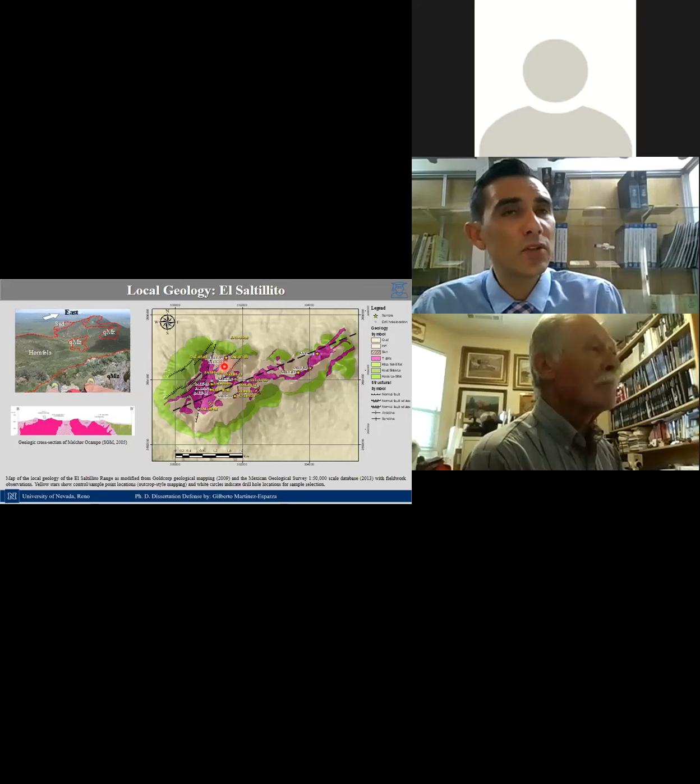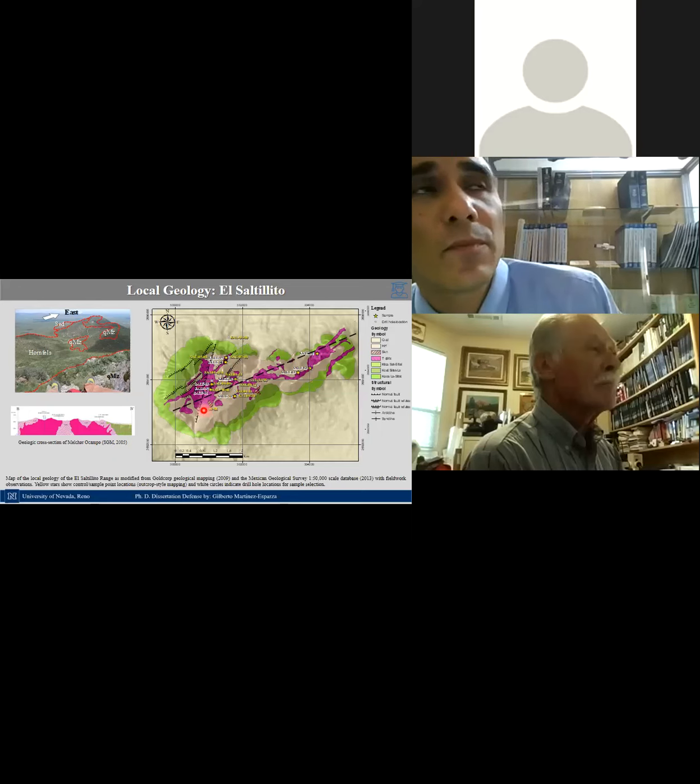In this portion, the associated mineralization is gold and copper, and the main hydrothermal alteration is calc-silicate alteration. So we have a lot of hornfels formation at the contact between the intrusion and the sedimentary units, in addition to banded skarn with andradite and pyroxene bands.